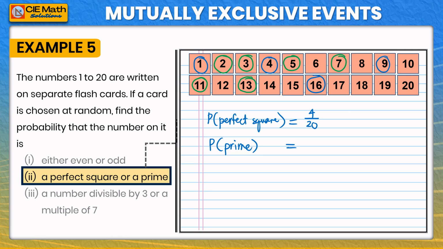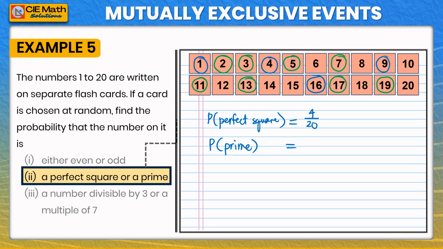Is 15 a prime number? Definitely not. We have 3 times 5, we have 15 times 1. So there are more than two factors. 17 is also a prime. 19 is also a prime. Now let's double check. We have 2, 3, 5, 7, 11, 13, 17, and 19. So there are 2, 4, 6, 8.